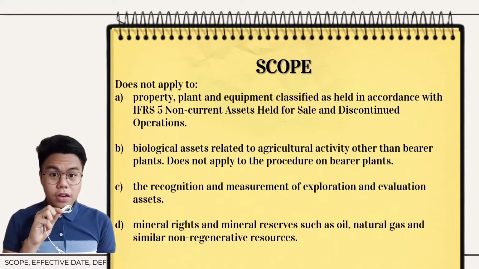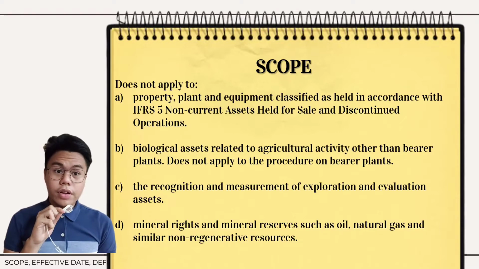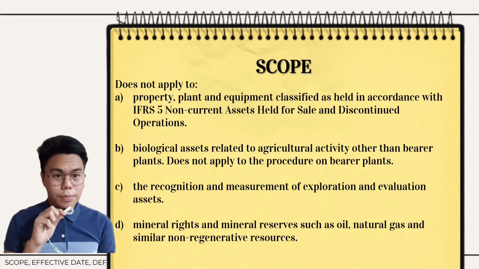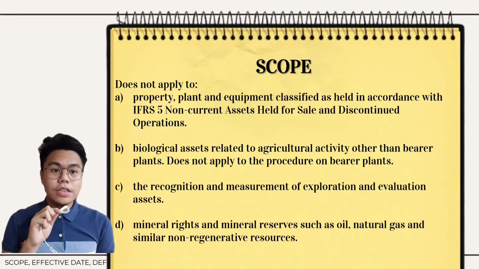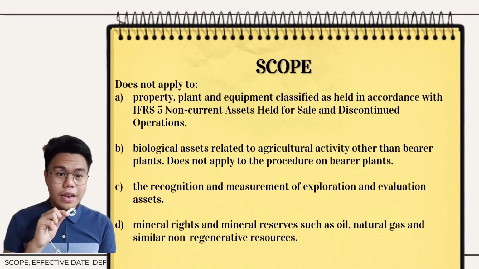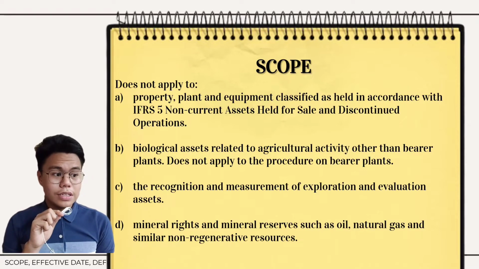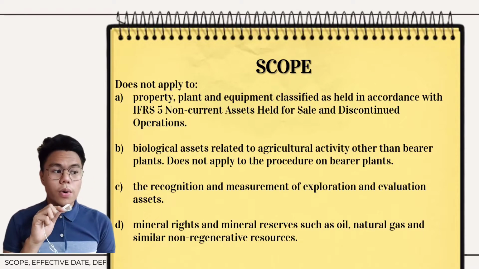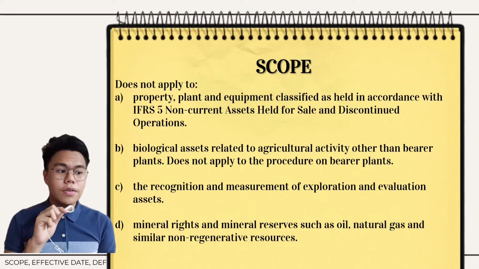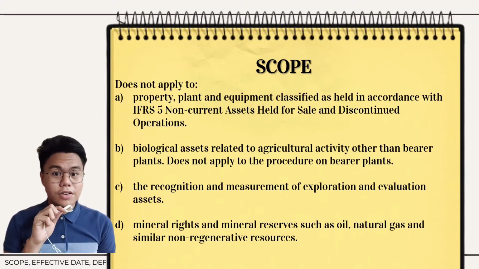Second, biological assets related to agricultural activity other than bearer plants, which means the standard does not apply to the procedure on bearer plants. Third, the recognition and measurement of exploration and evaluation assets are not included as well. Lastly, mineral rights and mineral reserves such as oil, natural gas, and similar non-regenerative resources are excluded from the standard itself.